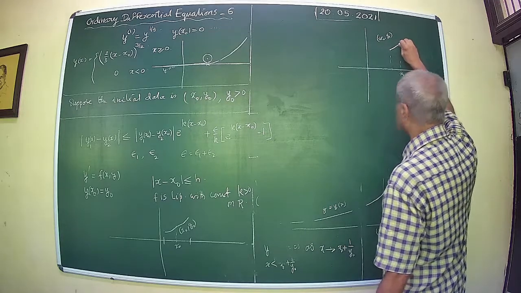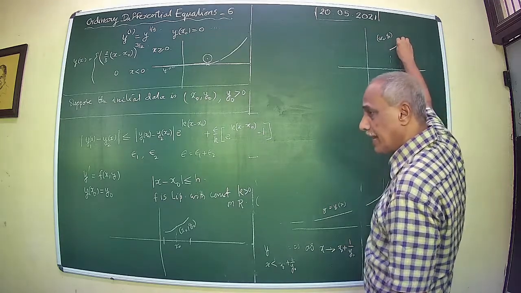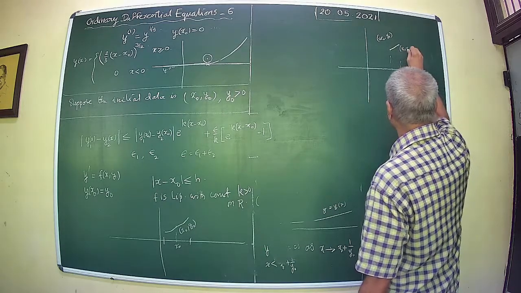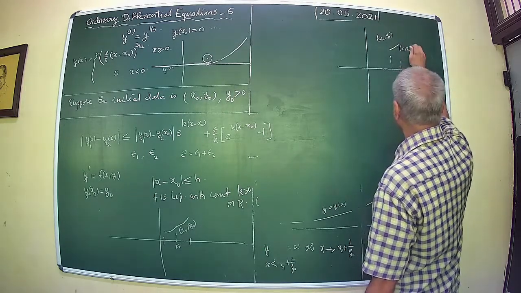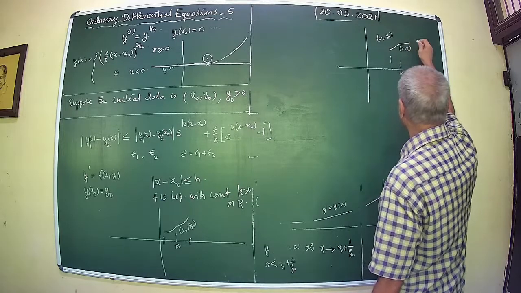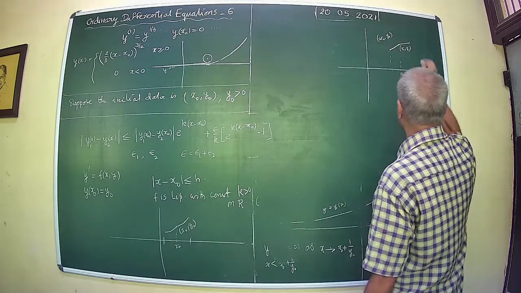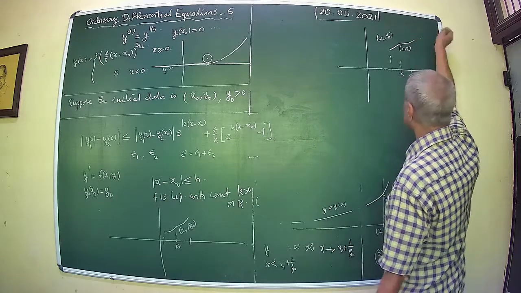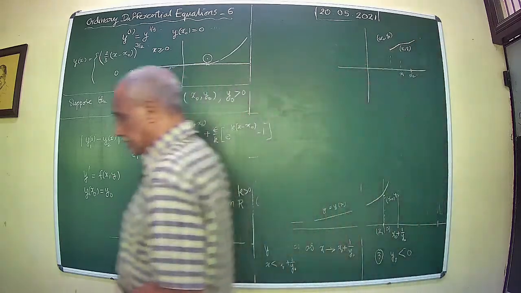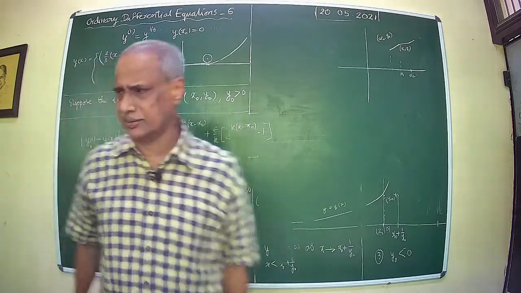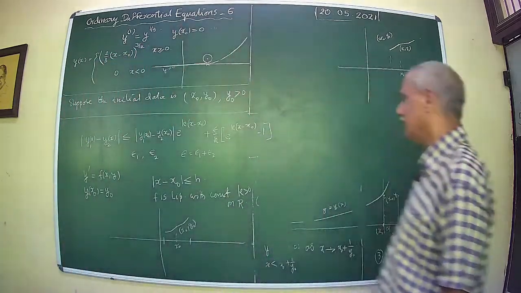Then I compute f of x1, y1. Now this is the point x1, y1. I compute f of x1, y1. I draw a line and then come to the point x2 and so on. So this is how I construct the Cauchy-Euler approximation. I can always do that. There is no difficulty.